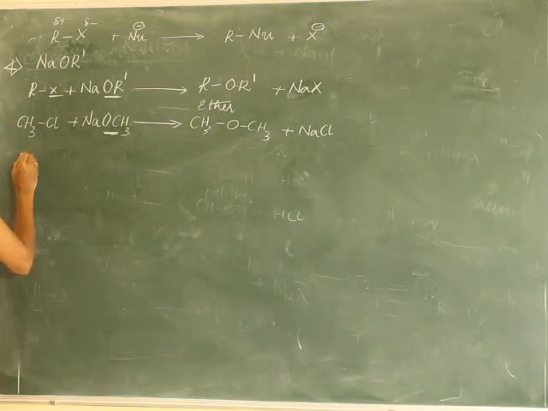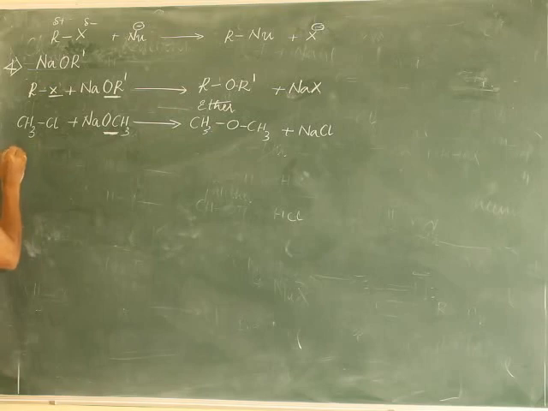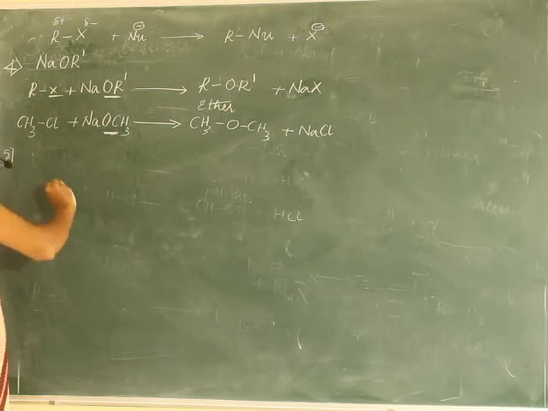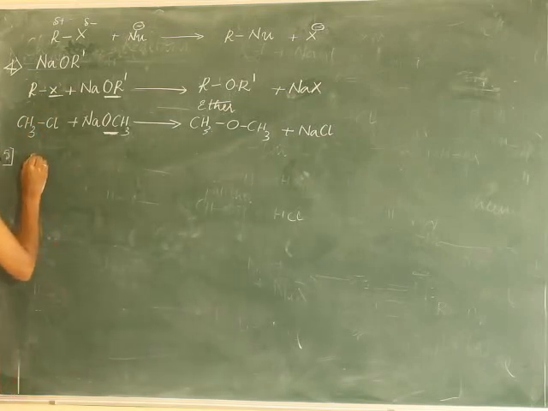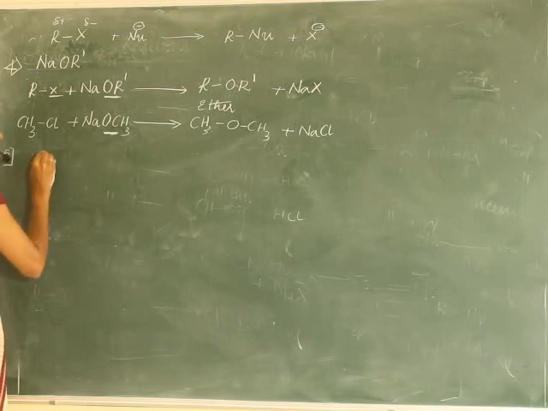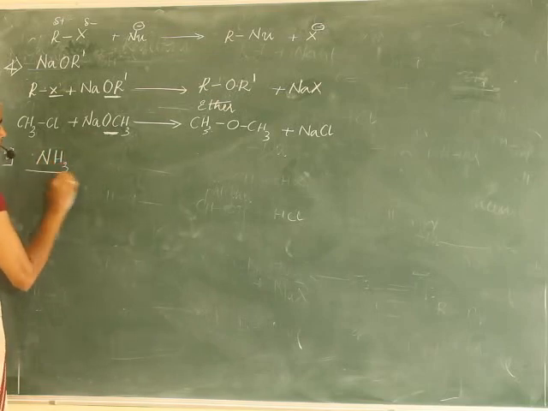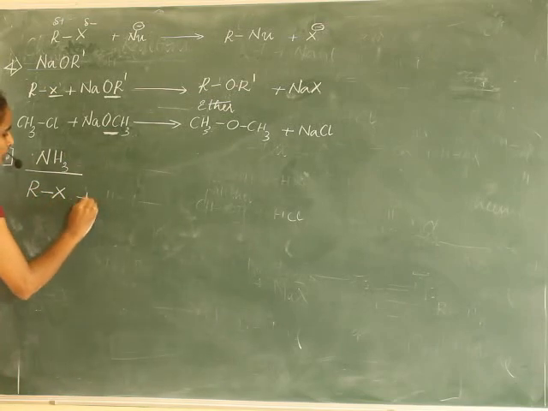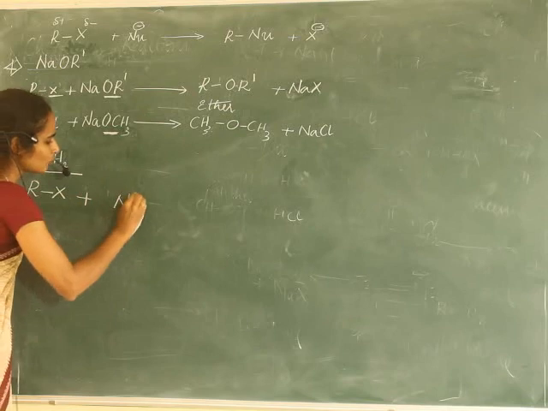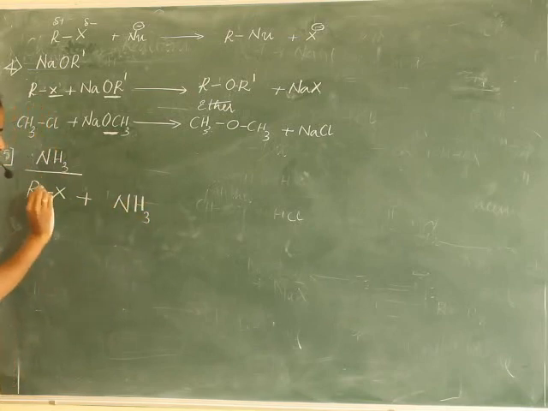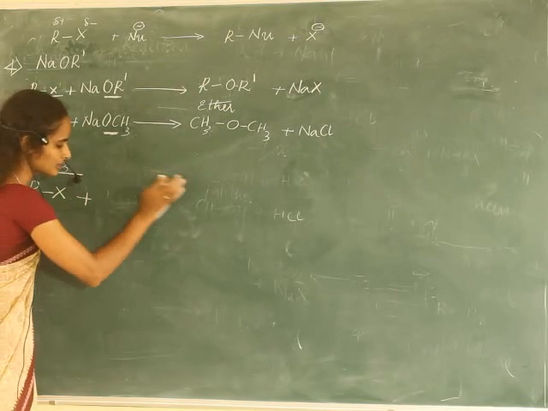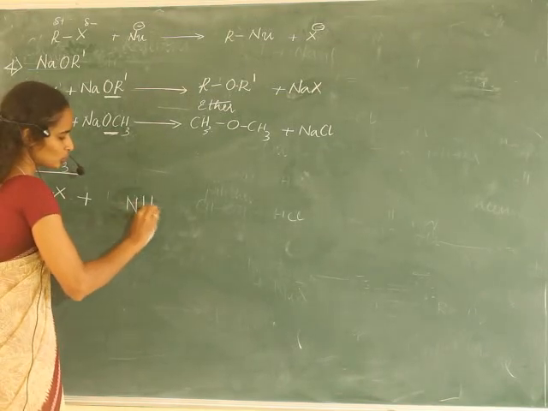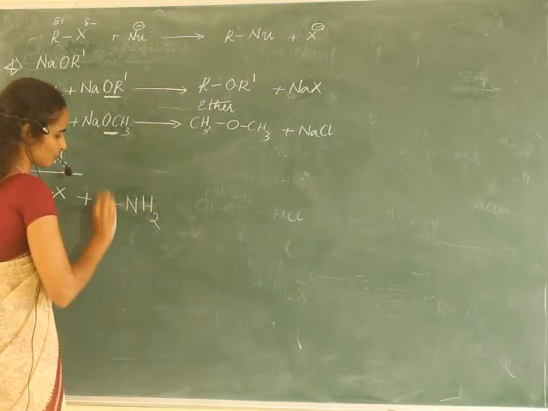Next, the fourth one is over. The fifth one is reaction with ammonia. We'll discuss reaction with ammonia. Okay, that is alkyl halide on reaction with ammonia, NH3. For your convenience, I will write it as NH2 and H, right?